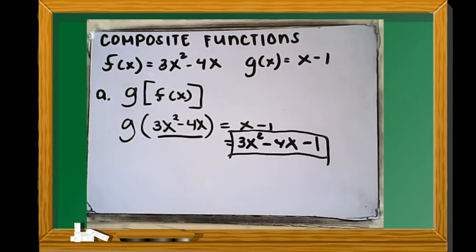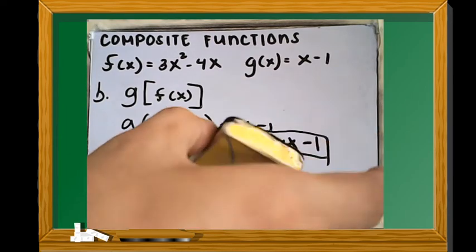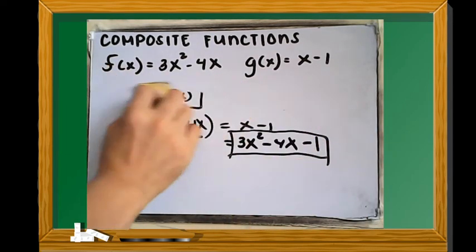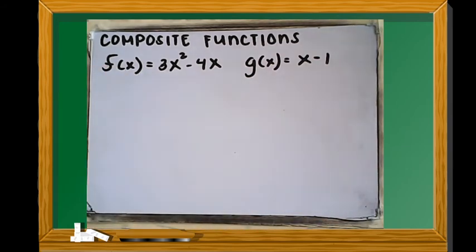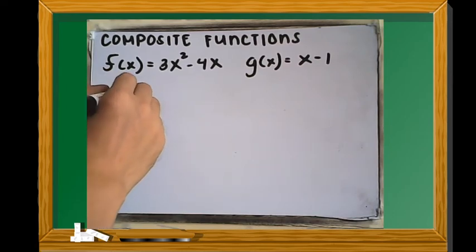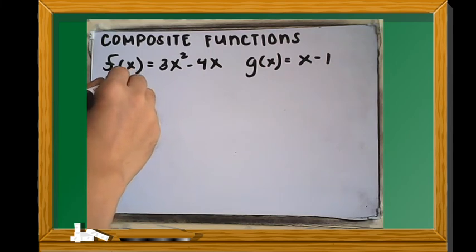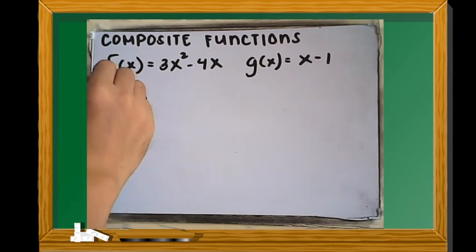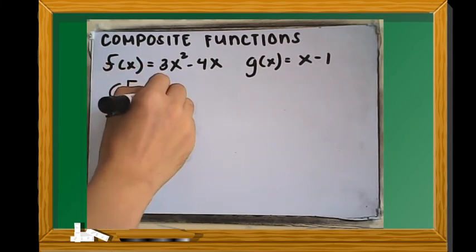So that is the second example. Next, another example, same functions. What if you are looking for f composed with g of negative 2.